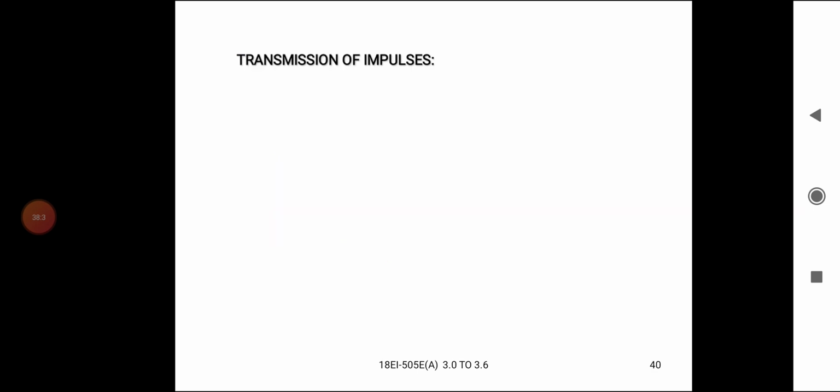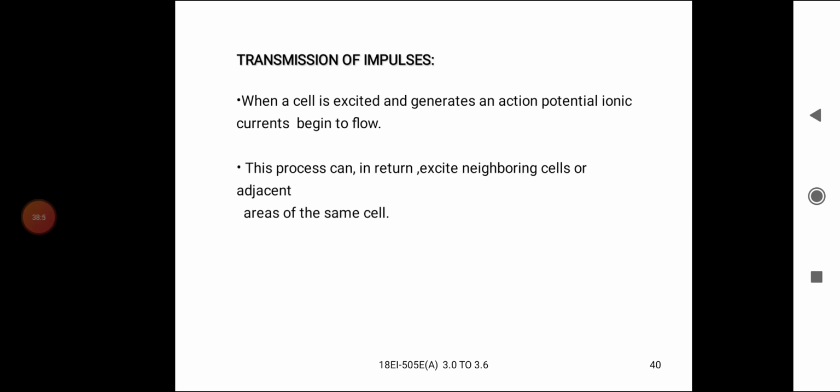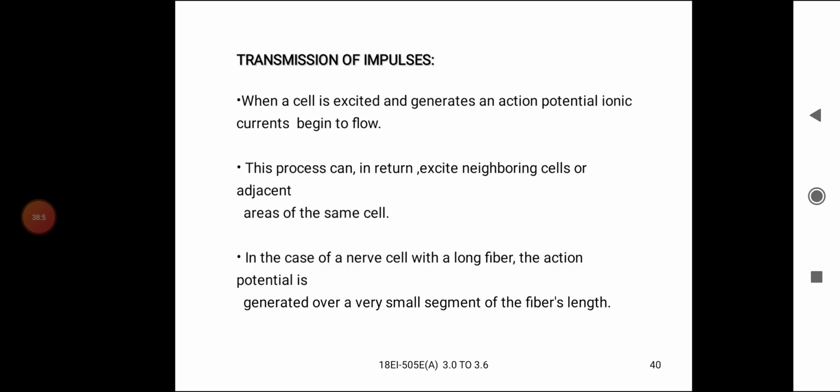The transmission of impulses. When the cell is excited and generates an action potential, ionic currents begin to flow. The process can in turn excite neighboring cells or adjacent areas of the same cell.